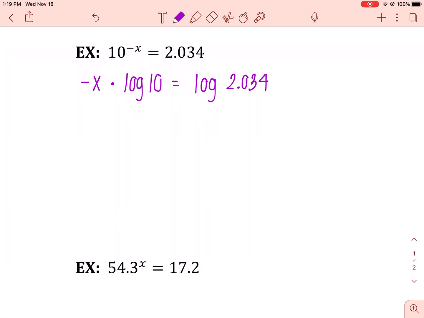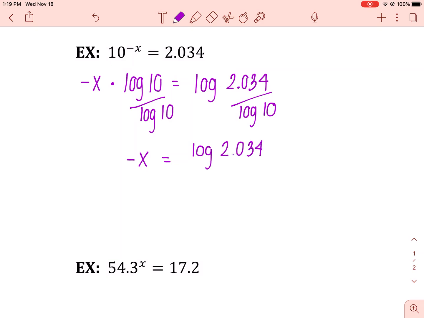Now that you logged both sides, I can undo this multiplication with division. Notice again that log base 10 of 10 is just 1. You're left with the left side of negative x equals log of 2.034 over 1. Same fact as before. And you have to get x, so make sure you do one last step of dividing by negative 1.